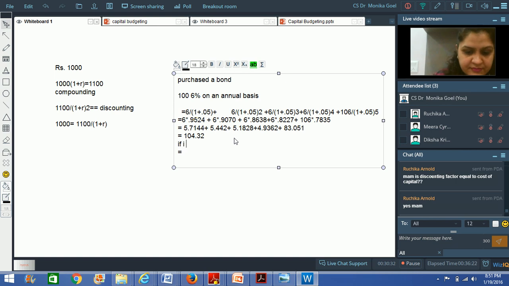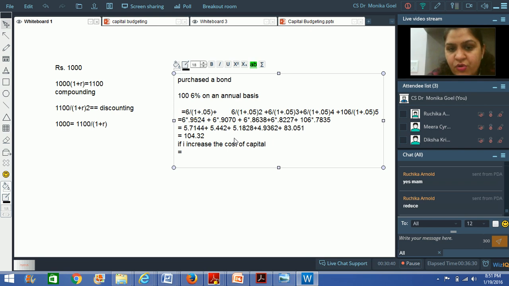If you increase the cost of capital to 6%, the value of the bond will reduce or it will increase? If I increase the cost of capital, what would be the value of the bond? Will it be more or will it be less? It will reduce.